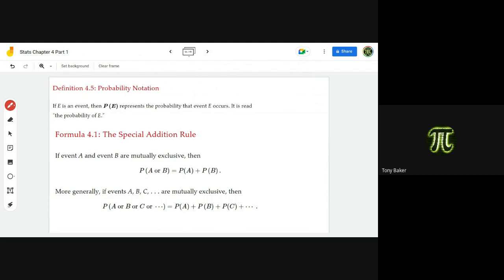Like in the last examples, I gave you C, D, E, F, G as events. So I could have said, what's the probability of C? What's P of C? If you remember back to your algebra class, remember f of x? Kind of the same thing. It's the function of x. This is the probability of A. It's just a shorthand to write whatever my events are.